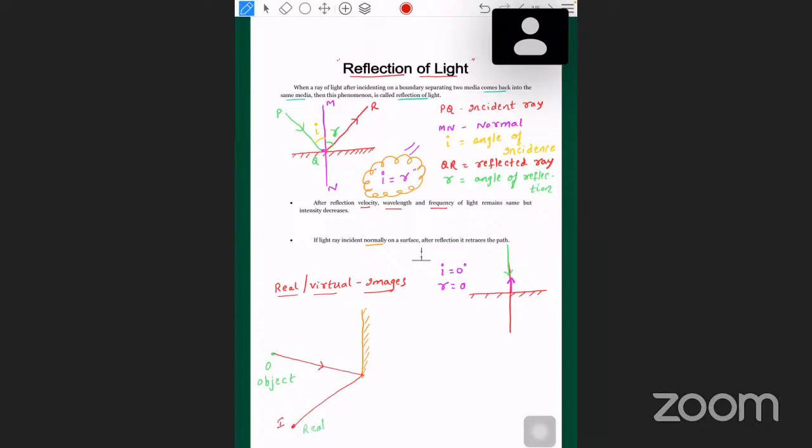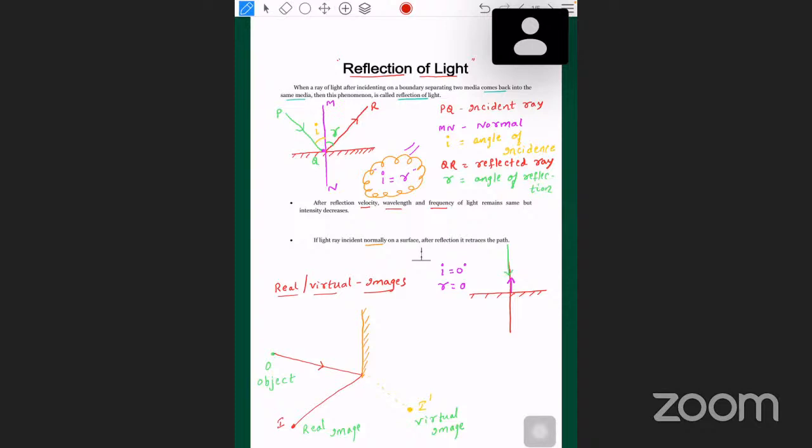I is called what? Real image. Suppose the image is formed somewhere here, I dash. If the image is formed at I dash, this is called a virtual image. Look at the difference, students.